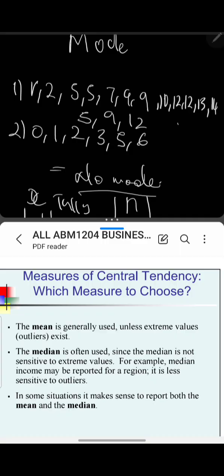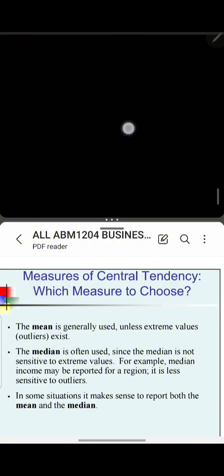Now they're going to explain to us. So mean is generally used unless extreme values or outliers exist. If there are no outliers, you use the mean, and it's the common one.